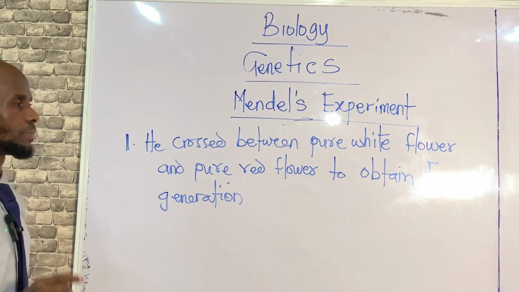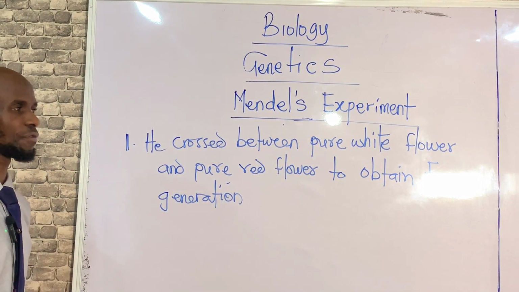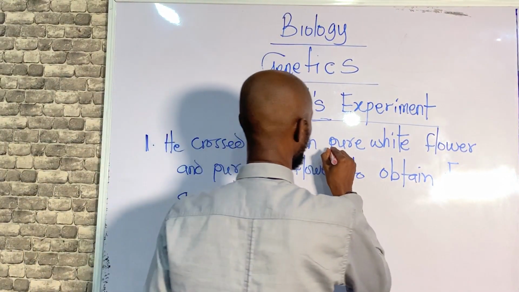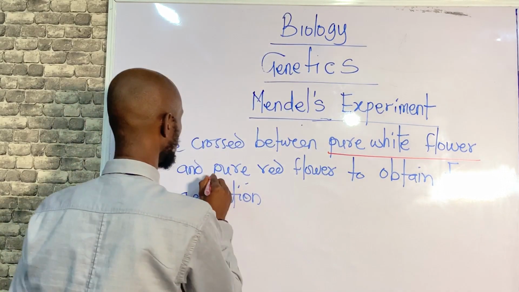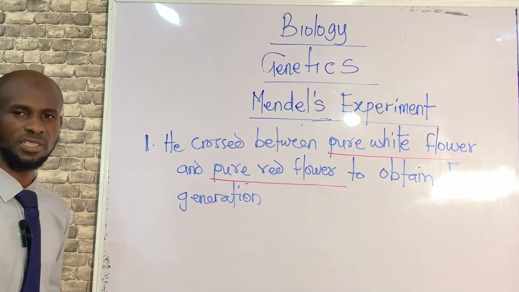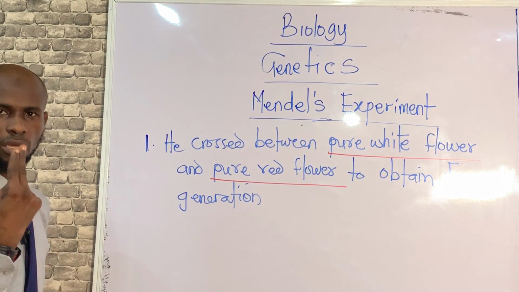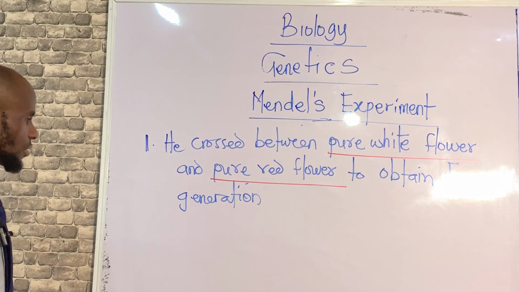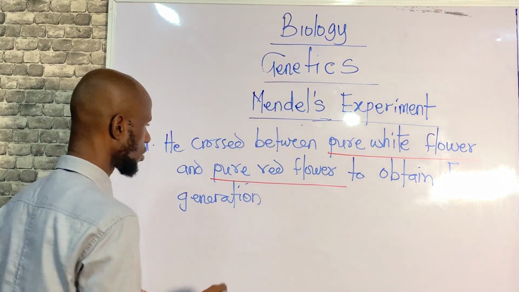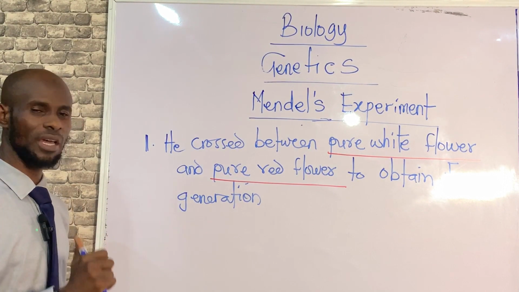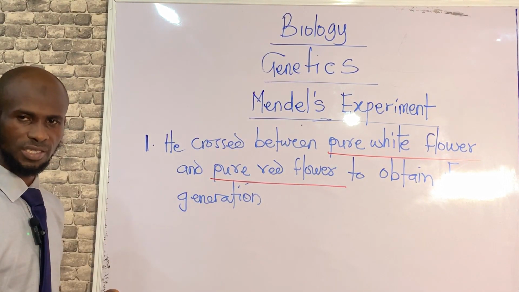So what do we mean by the pure white flower and the pure red flower? Let's underline them. I'm going to start with the pure red flower. Pure means of equal copy or identical copy. Don't forget that the capital letter R is red, while the small letter r is white.